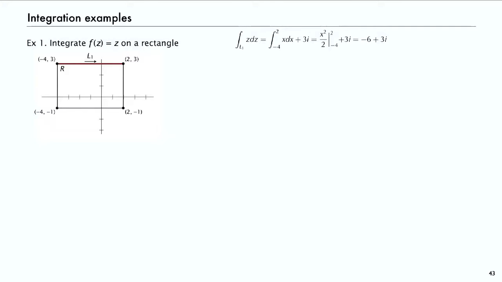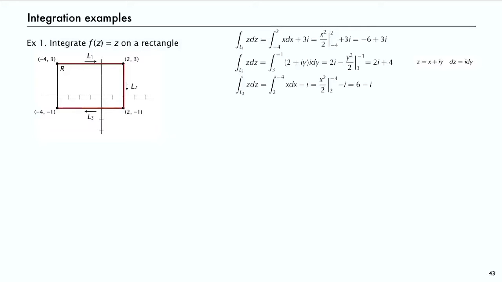So if you're integrating on x, then you can just leave the y part alone and just integrate. In this case, it's minus 6 plus 3i. This next one is the one I did before, which is 2i plus 4. This next one goes the other way. It happens to be at i, so it's 6 minus i. And this other one goes up the other way, turns out to be 4i minus 4.